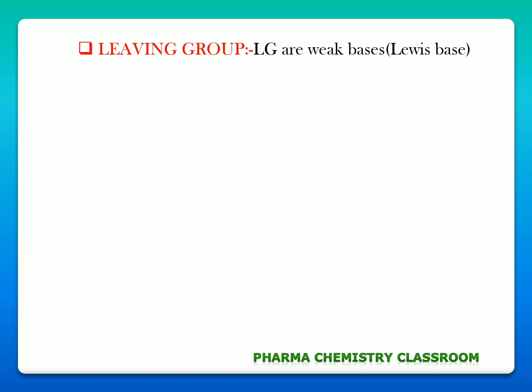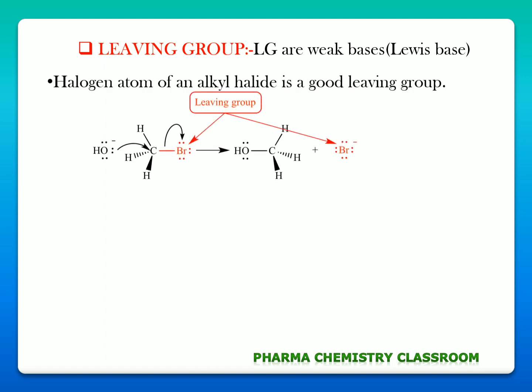Next is leaving group. From a substrate, a group leaves, and that is known as the leaving group. Here you can see an example. Look at this. This is our alkyl halide substrate. From that, the leaving group, that is the halogen atom, leaves.